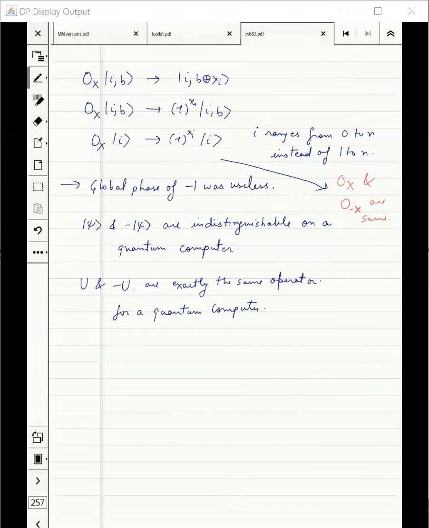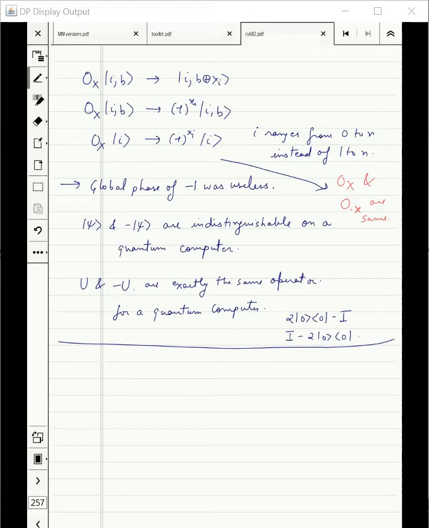Let's come back. One of the reasons I said this was that you might be confused between these. These two are the same operators for the purpose of a quantum computer.